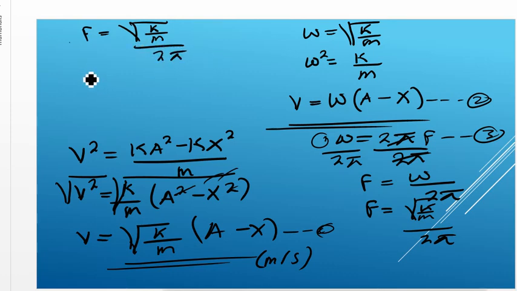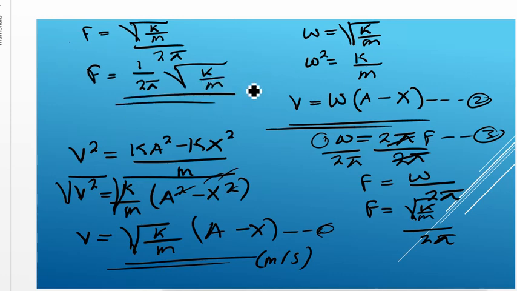So this can also be written as frequency is equal to 1 over 2 pi the root of k over m. So in case you are asked to find the frequency, you can use this formula provided you have the spring constant and m, which is the mass. So you take note of that formula.